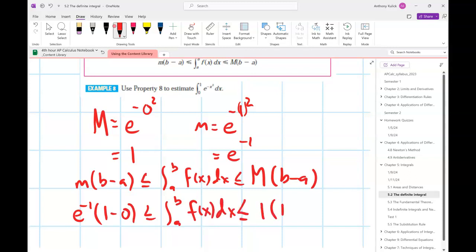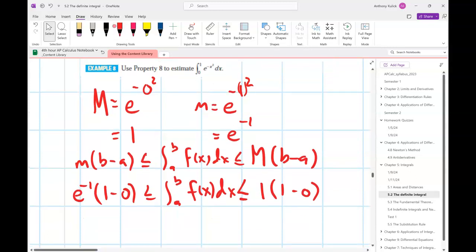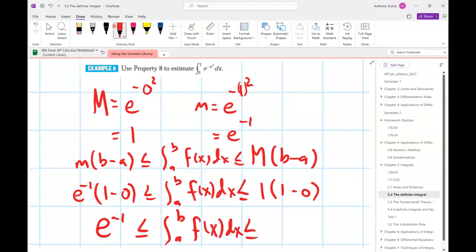Cap M is 1, b is 1, a is 0. So somewhere that integral is between e to the negative 1 and 1. And we're done.